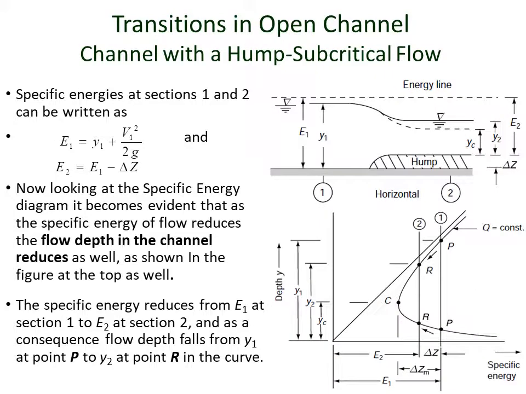As we mentioned in the last slide, we can write the specific energy of flow upstream of the hump at section 1 as E1 equals Y1 plus V1 squared by 2g, where Y1 is the depth of flow upstream of the hump, and V1 is the cross-section average mean velocity of flow upstream of the hump.